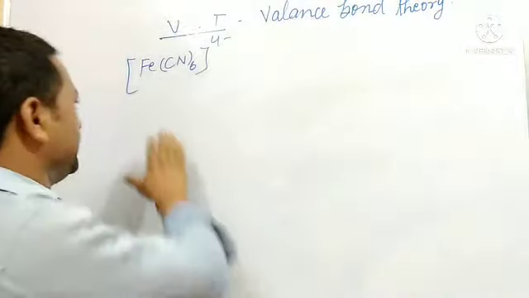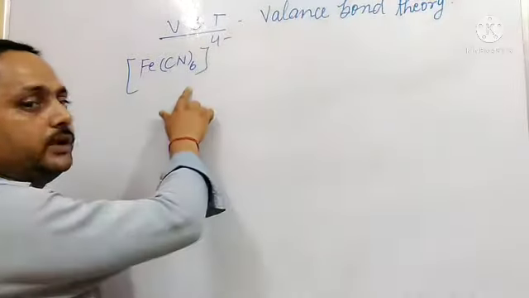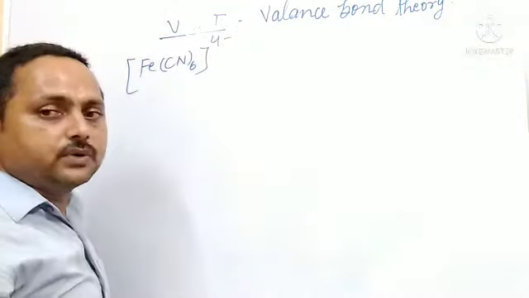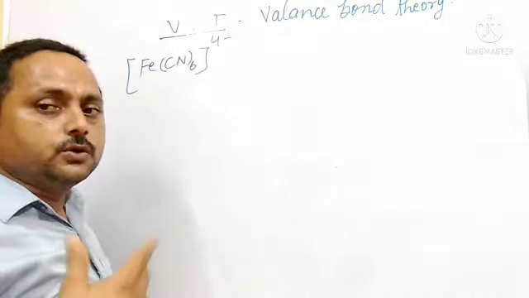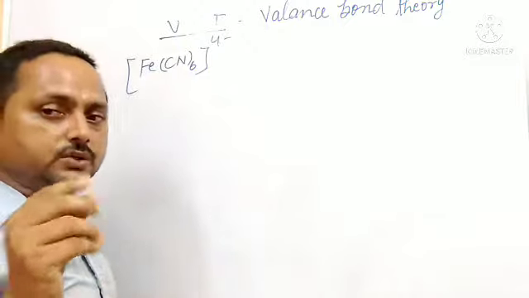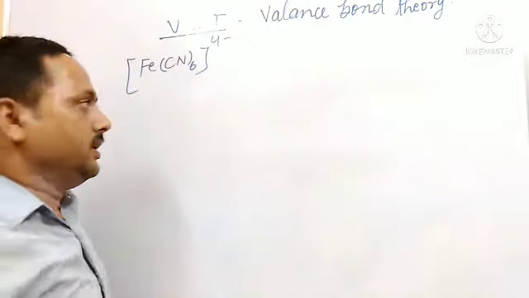So in this, see here, what is the oxidation state of Fe? The oxidation state of Fe is +2. You might be knowing that. In this chapter I also taught how to calculate the oxidation state, and in 11th class as well. If you want to confirm how to calculate it, please go to that lecture.